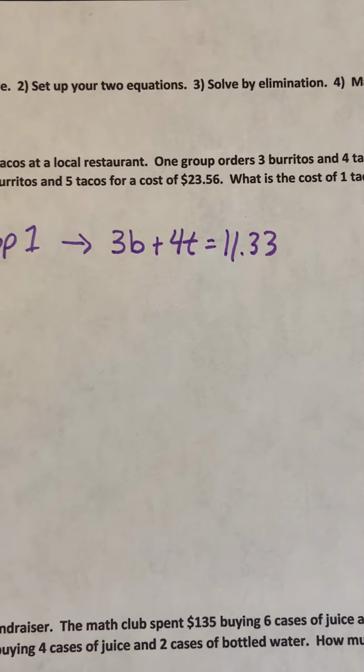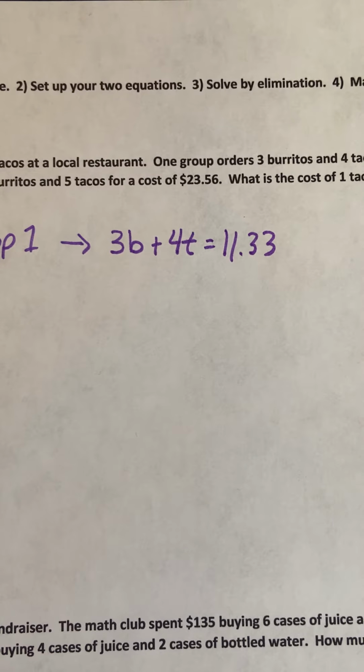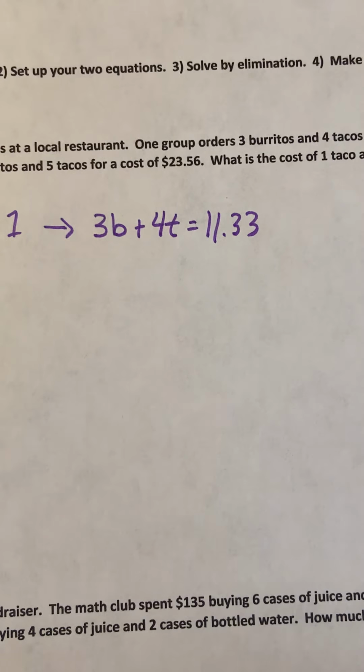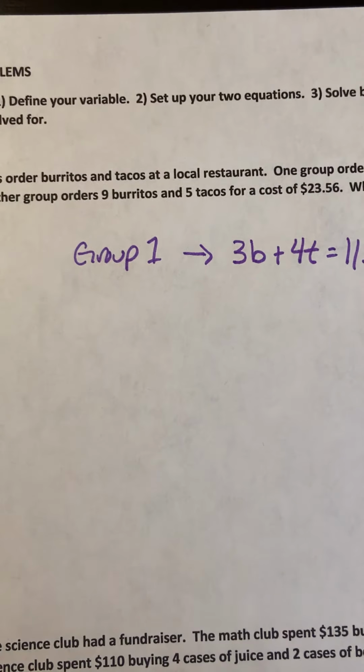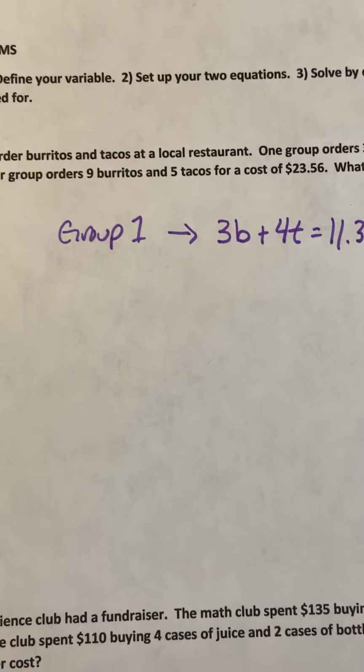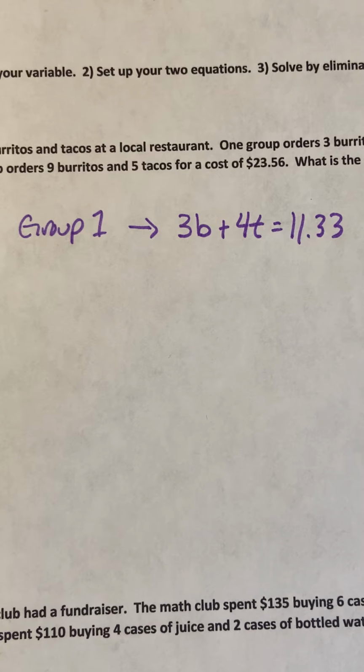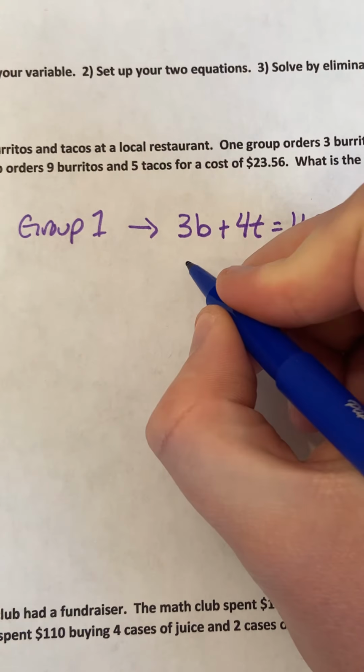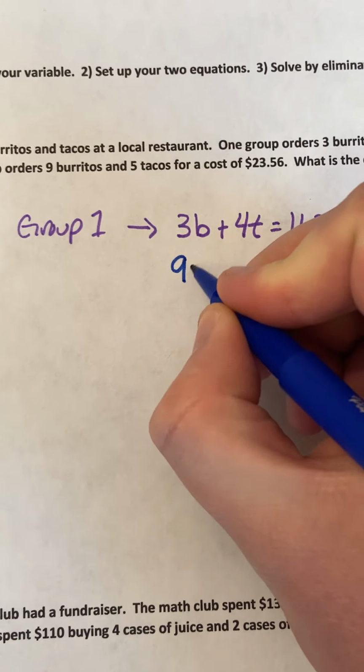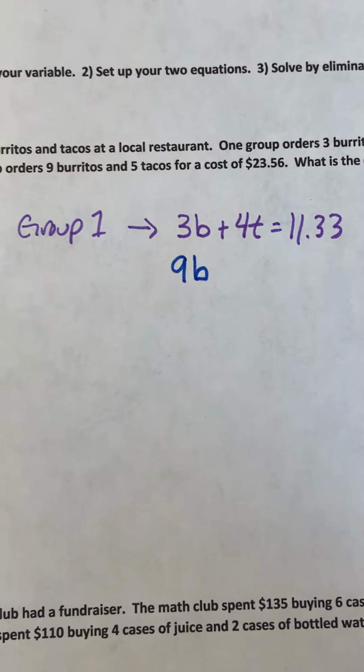All right. The next sentence actually gives us the next equation there, right? So the other group orders 9 burritos. Okay, so the other group here orders 9 burritos and 5 tacos, while that cost is $23.56. So again, when they order 9 burritos, whatever the cost of the burrito is, we need to multiply by 9, since we have 9 of them.